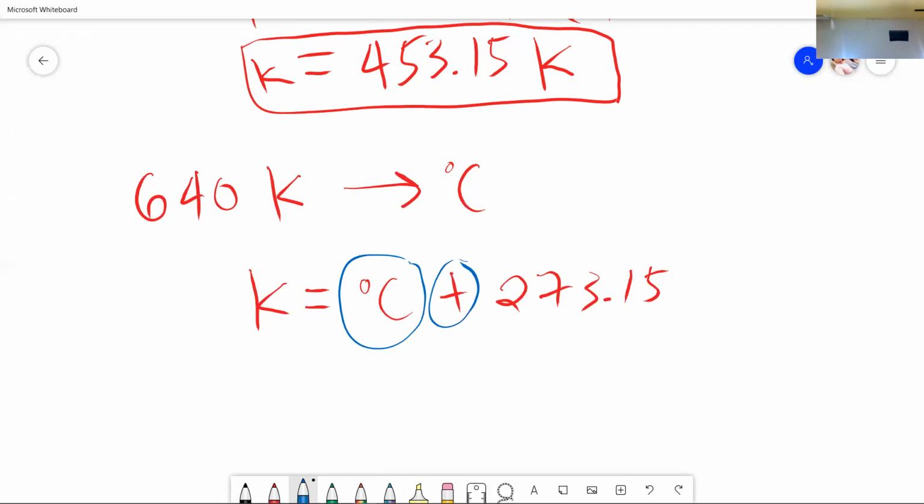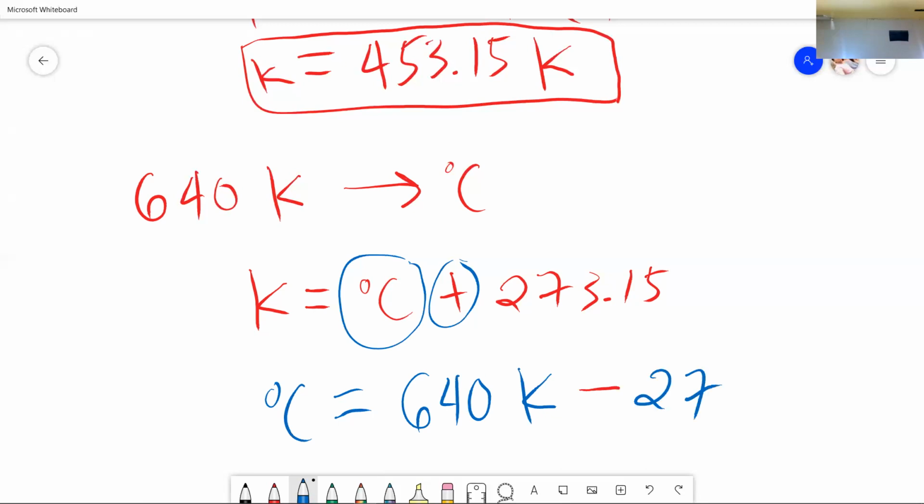So we can say that degrees Celsius equals the Kelvin, 640 Kelvin. Remember, if it is positive, it becomes negative: minus 273.15. So what will be the result?